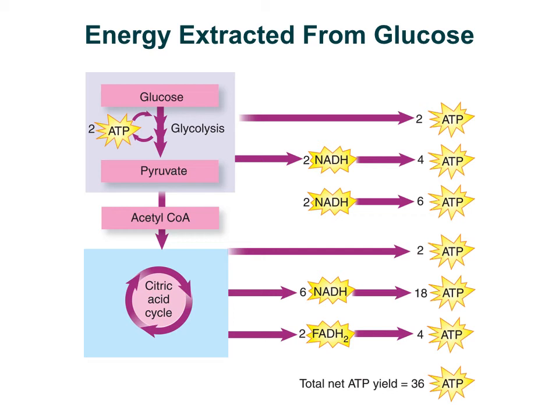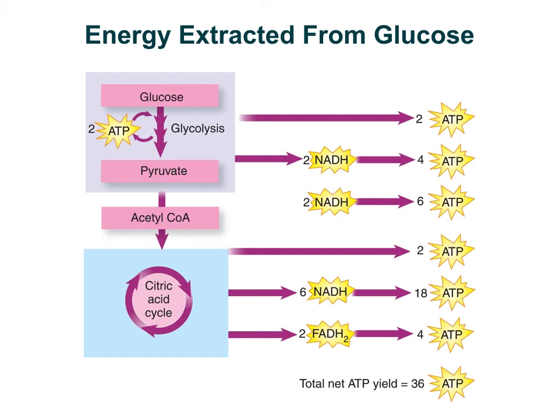Our 6-carbon glucose enters the cell and undergoes glycolysis, at which time we net 2 ATP, but we also produce 2 NADH. Those 2 NADH will go on through the tricarboxylic acid cycle and oxidative phosphorylation to produce 4 more ATP.